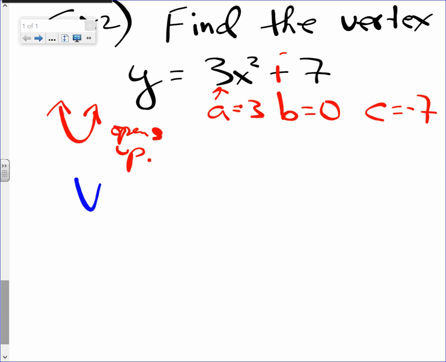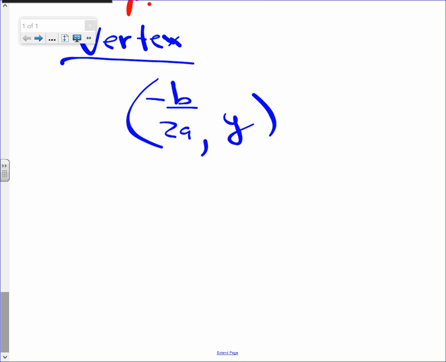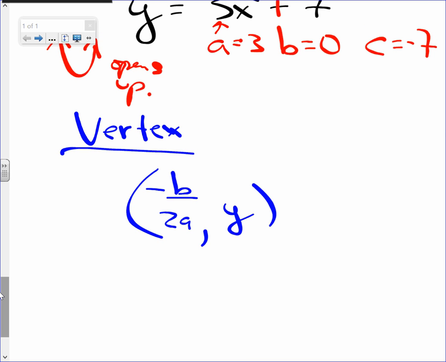Vertex time. All right. Standard form, we're good. Opens up, we're good. Step 3 now, vertex formula: negative b over 2a, and then whatever the y becomes. Do this with me. That's the recipe to get the vertex.